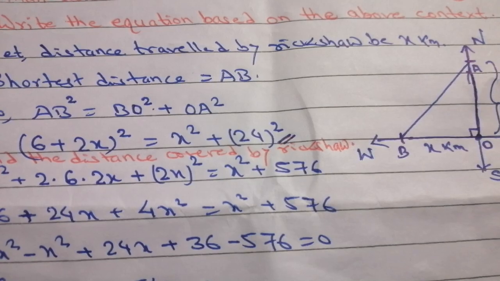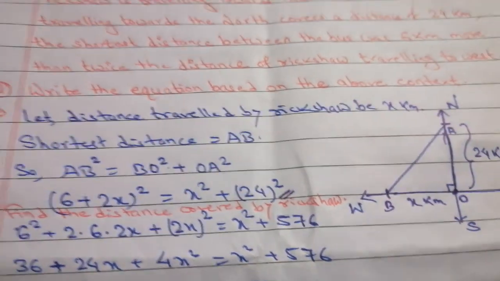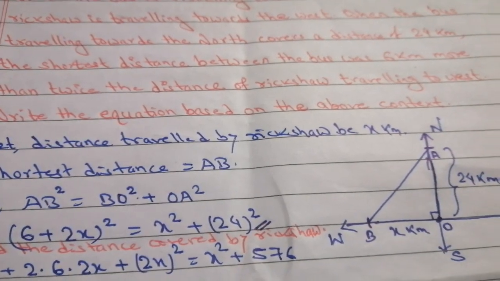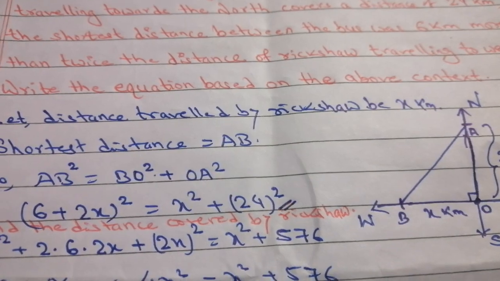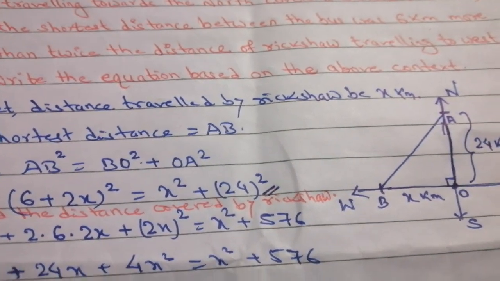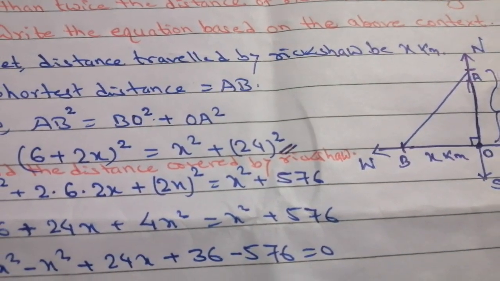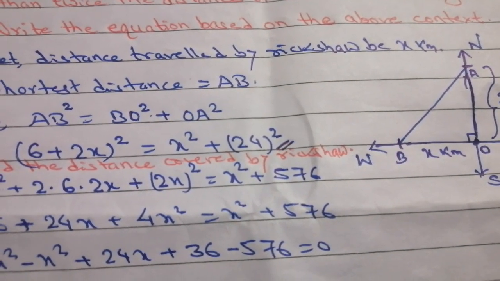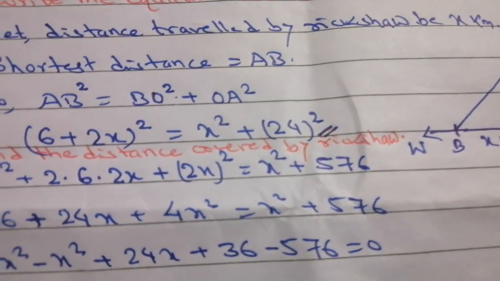That is the equation. And keeping the values, as the question says, the shortest distance between the bus and the rickshaw is 6 km more than twice the distance of the rickshaw traveling to the west. So the shortest distance, as we have said, is AB. Then this AB is 6 km more than twice the distance traveled by the rickshaw.